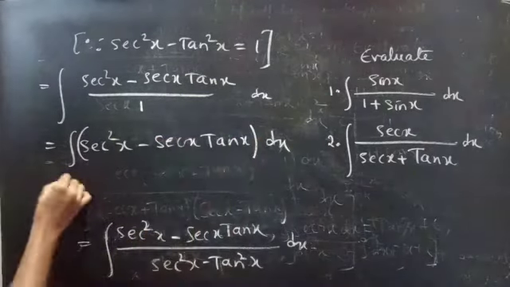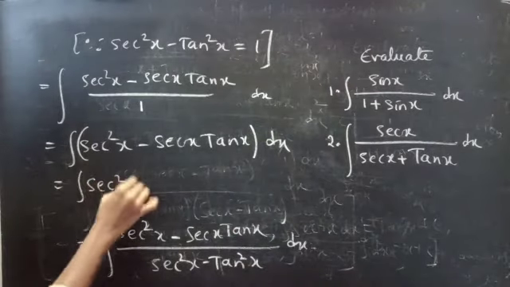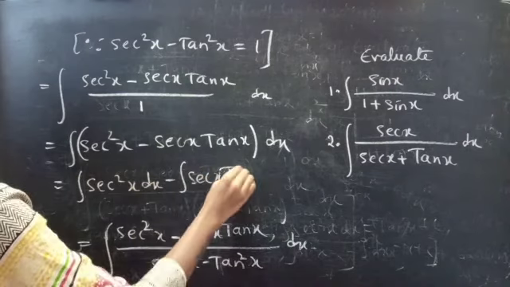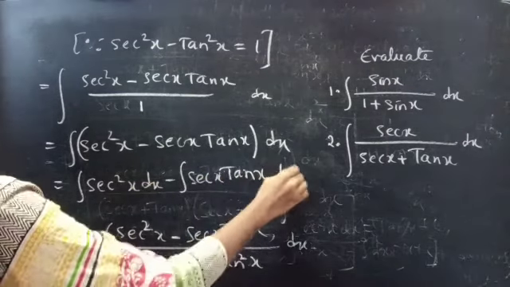So you could write it as the integral of secant square x dx minus the integral of secant x tan x dx.